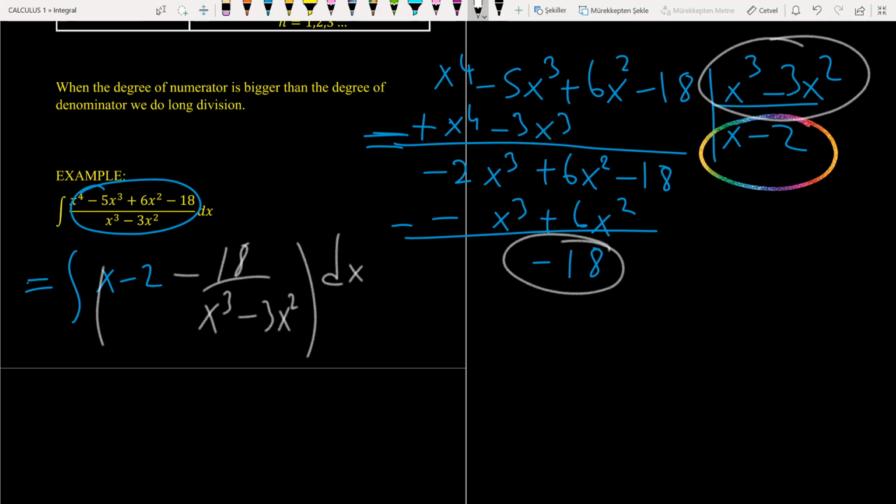It is the modified version of the first integral. I think it's now easier to integrate this function.